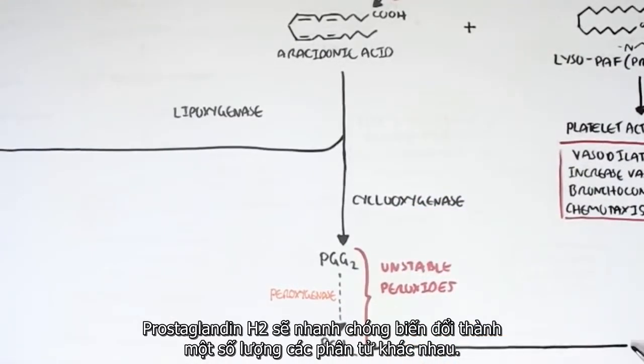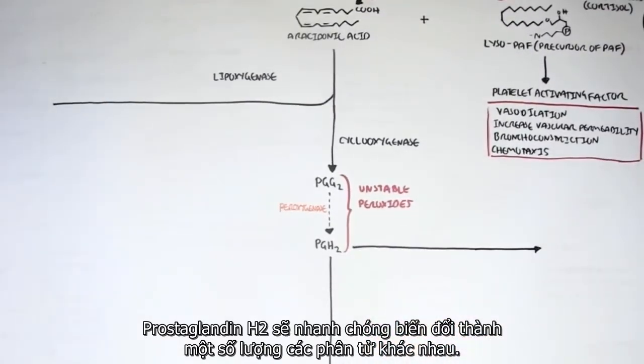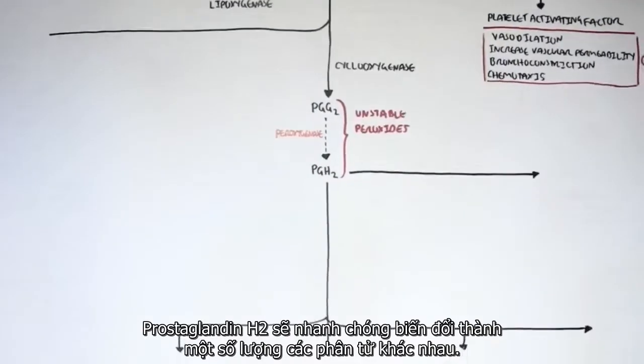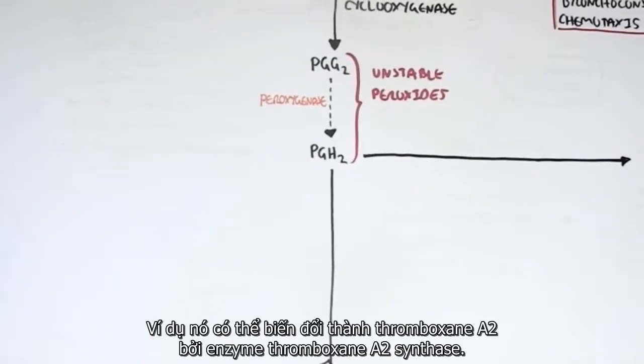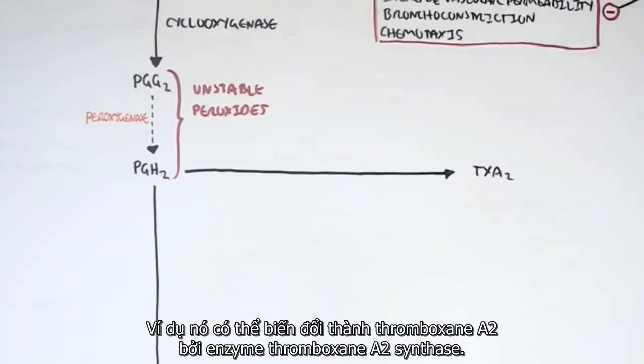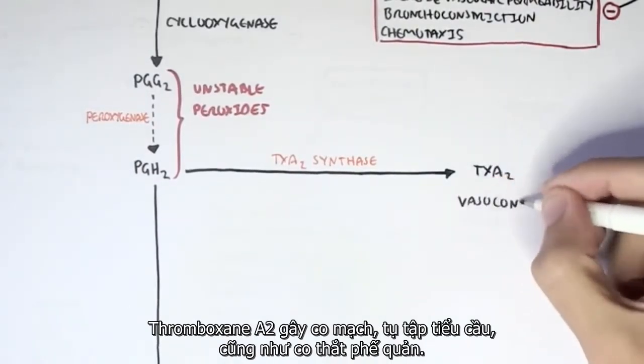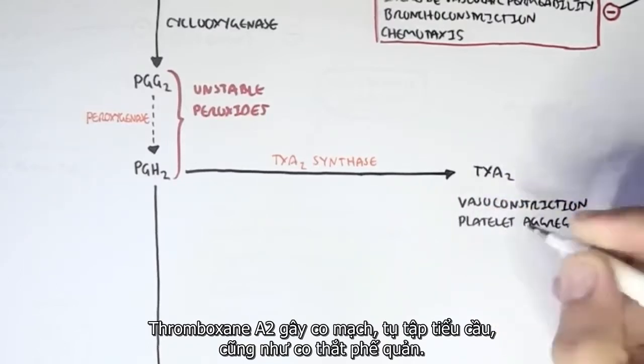So prostaglandin H2 will now quickly convert to a number of different molecules. It can, for example, convert to thromboxane A2 by the enzyme thromboxane A2 synthase. Thromboxane A2 causes vasoconstriction, platelet aggregation, and also bronchoconstriction.